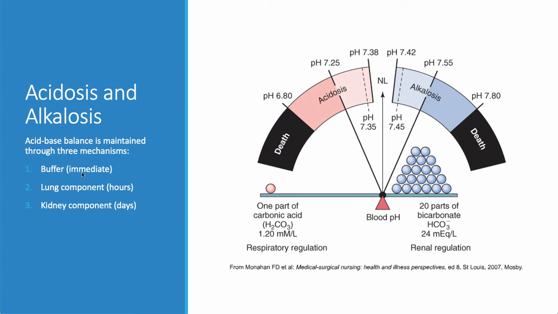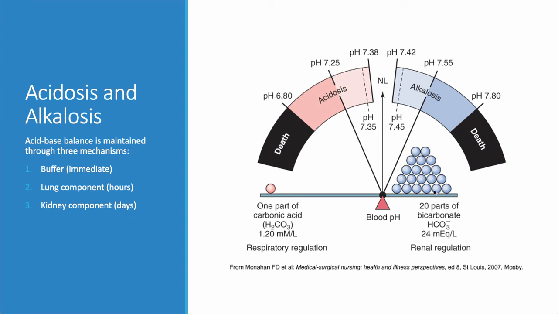But they're used up immediately, and to remake them takes days. The lung component, which is CO2, right? Blowing off CO2 or conserving CO2, that happens within hours. That's an easier thing for your body to handle. But the kidney component takes days to reproduce that bicarb.